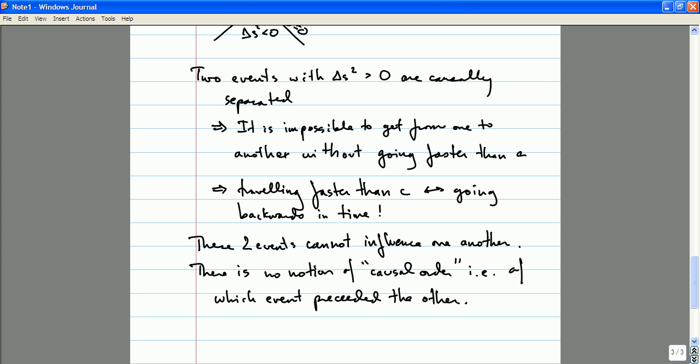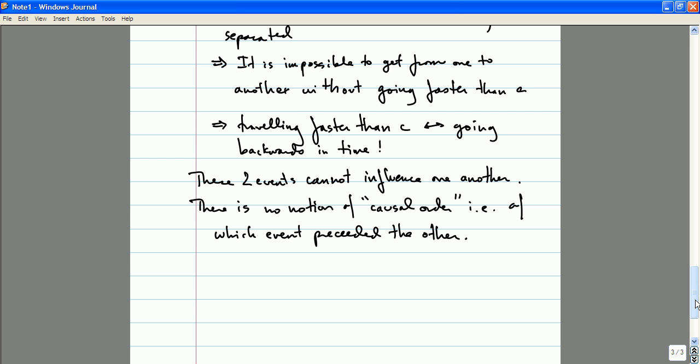Of course, that is not the end of the story, because we all still have jobs as physicists to do. But our job as physicists, now that we live in a relativistic universe, is to only discuss the causal relationship between events which are time-like separated. So events with delta S squared less than 0 are in causal contact.